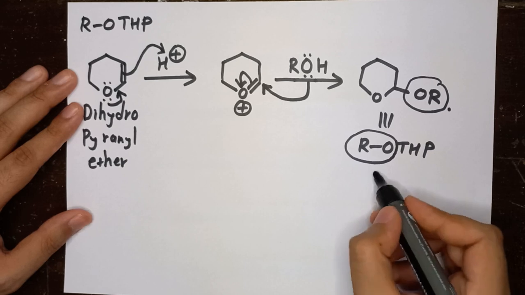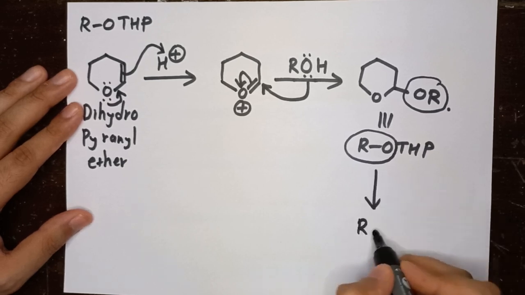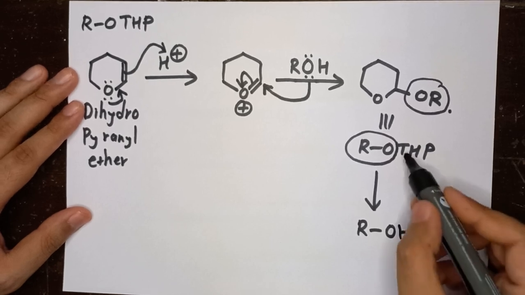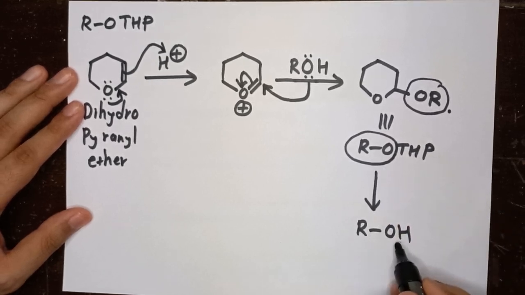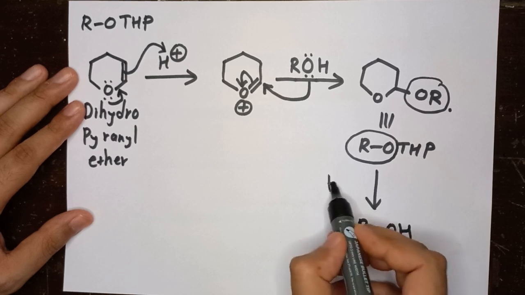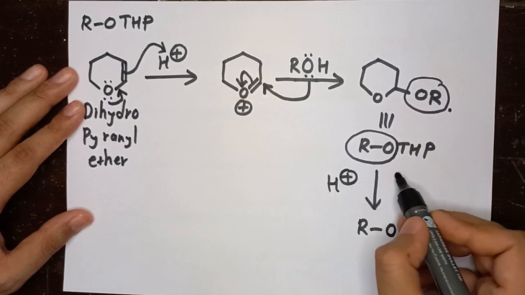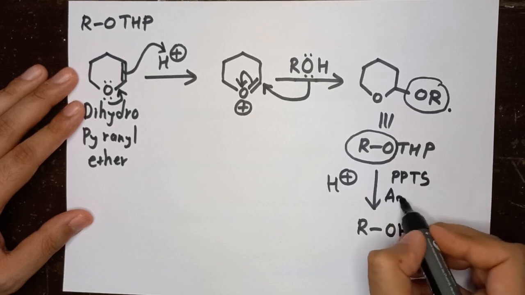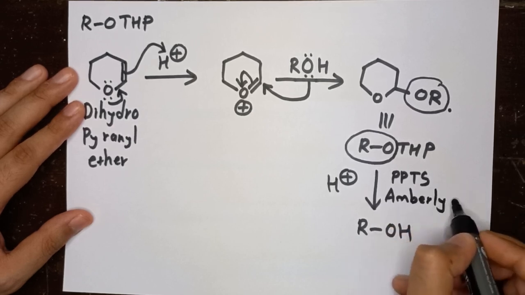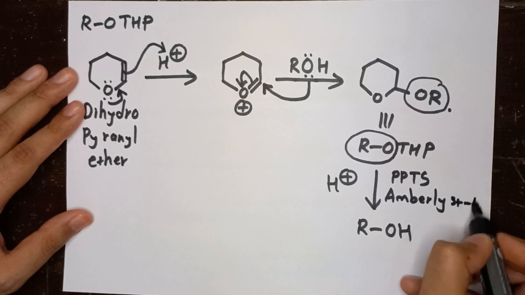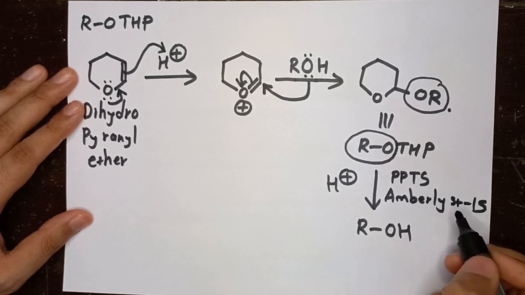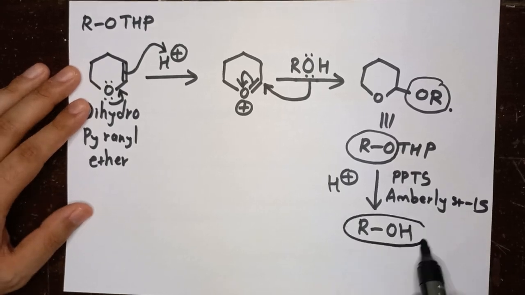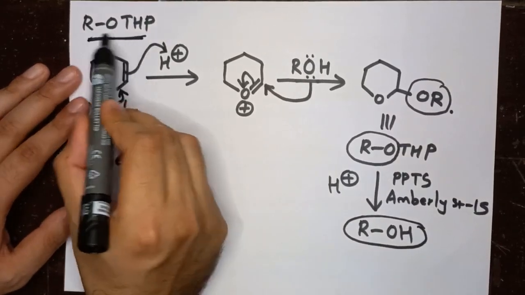Okay, now I want to get back my alcohol. I want to deprotect my ROTHP back into alcohol, so I have to use an acidic medium. You can use an acid source like PPTS, or you can use Amberlyst 15. This is basically an acidic resin, and you will be able to get back your alcohol functional group. So this is about ROTHP.